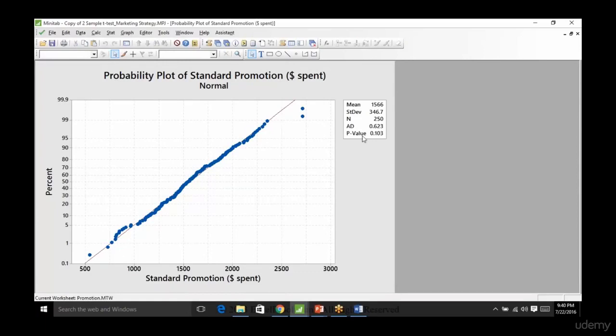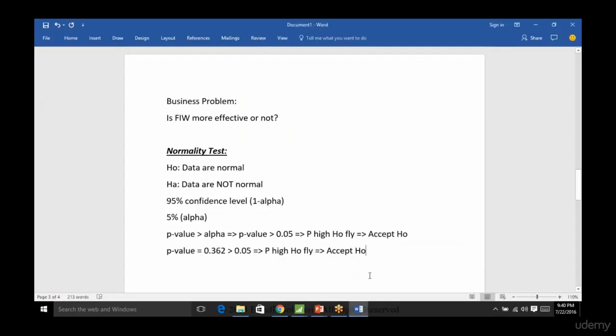Also, the Anderson-Darling test p-value, he was a person who came up with this test, is 0.103. This p-value is greater than 0.05, which implies p-high null fly, so we are going to accept null hypothesis. This is for your full interest rate waiver, and this is for your standard Christmas promotion.